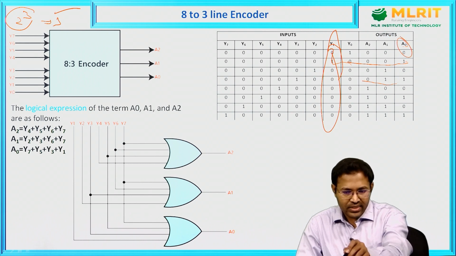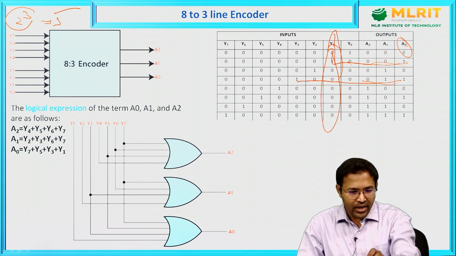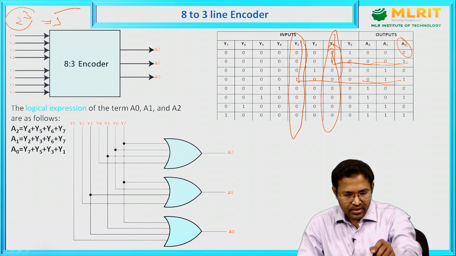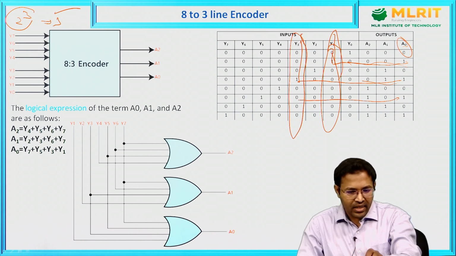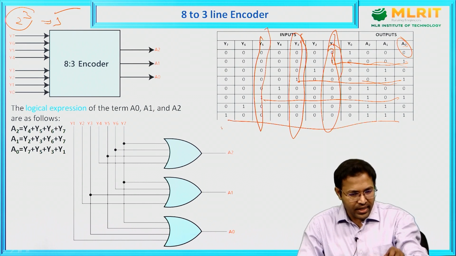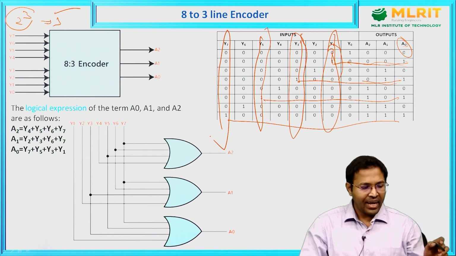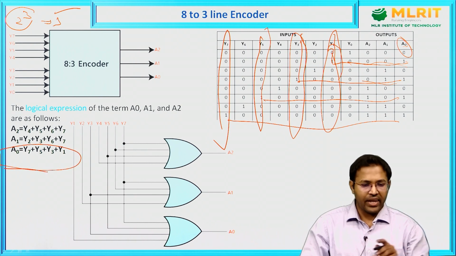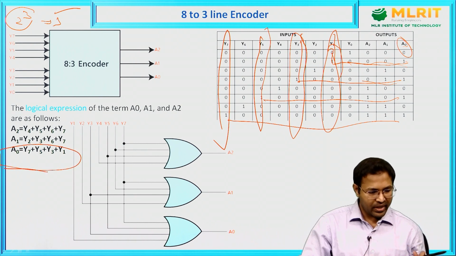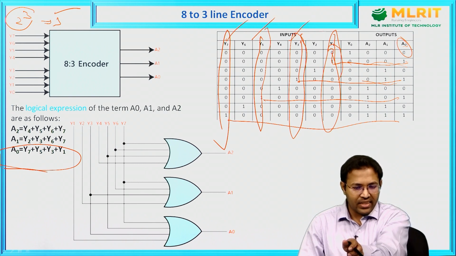So here we are seeing a0. a0 has a 1 here, then another 1 here, next another 1 here, and one more 1 here. So in alternate positions you will have the expression for a0, and that is the reason the expression for a0 in this case is simply y7, y5, y3, y1.